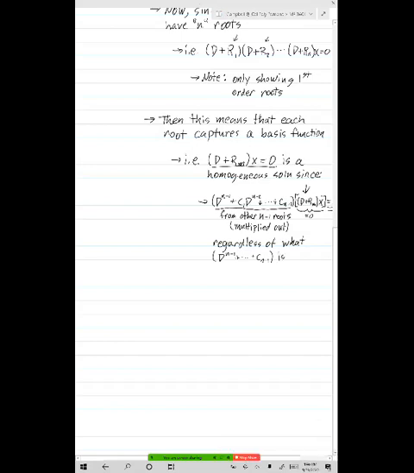Regardless of what that is, since we already know that d plus rm operating on x will give us a 0, everything else here is operating on a 0, and we're just going to get another 0.